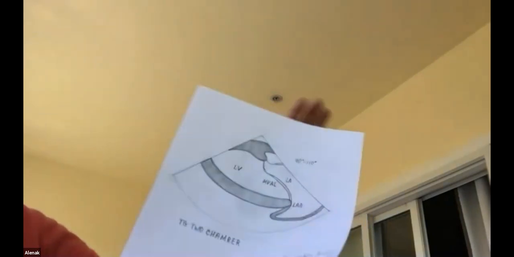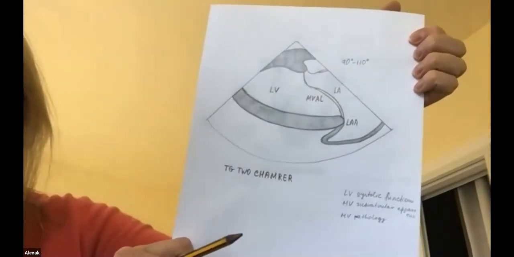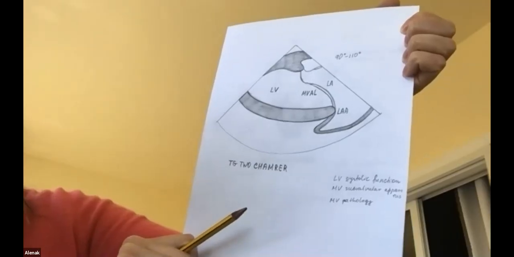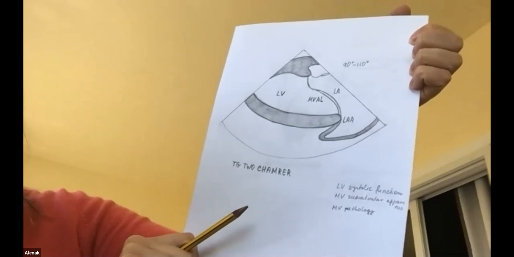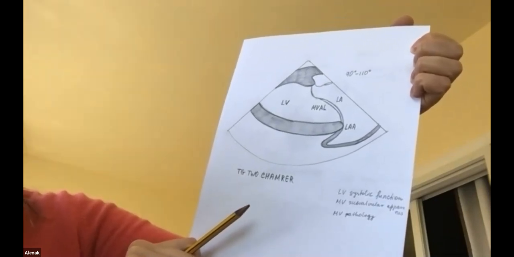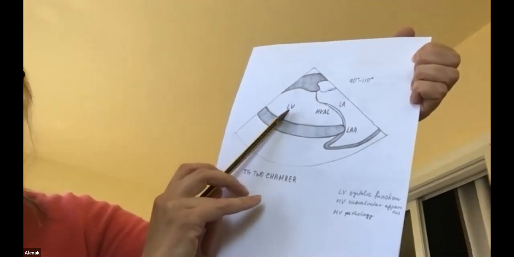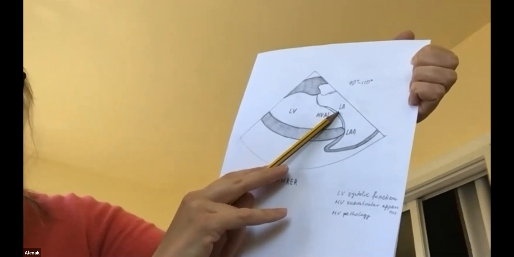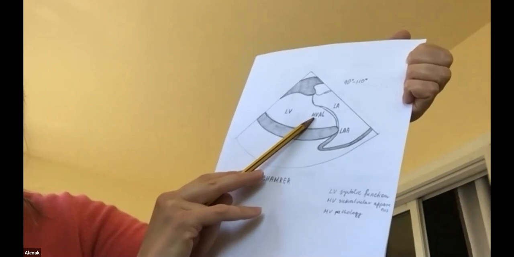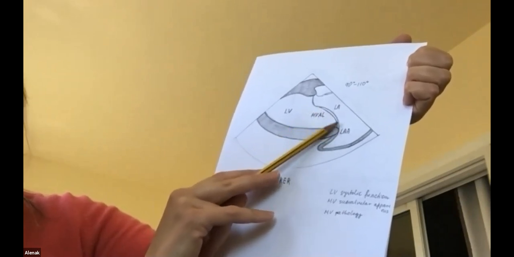So the next image, guys, can you see it? It's the transgastric two-chamber view with transducer position 90 to 110 degrees. We can see here the left ventricle, left atrium, left atrial appendage, and the mitral valve anterior leaflet.